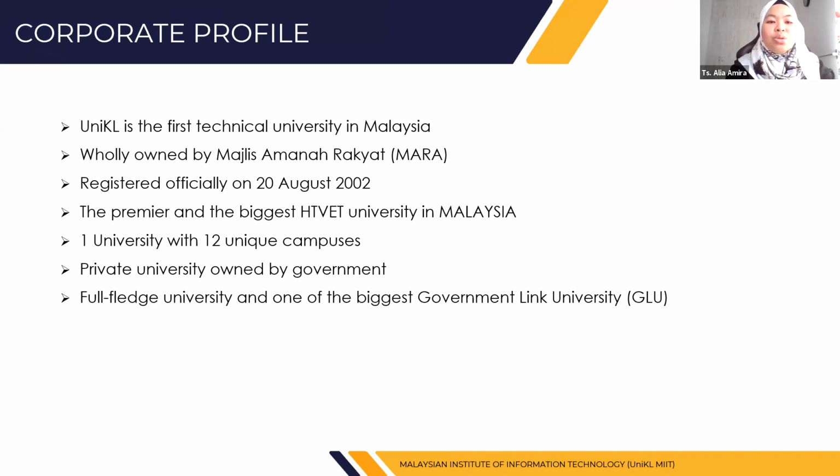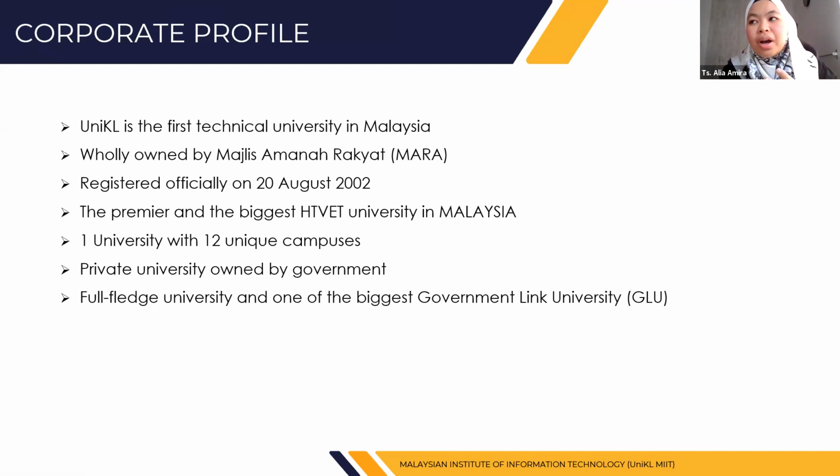And UniKL is also the premier and the biggest high TVET university in Malaysia. So we have 12 unique campuses. We are one university with 12 campuses, and each campus has a different specialty.